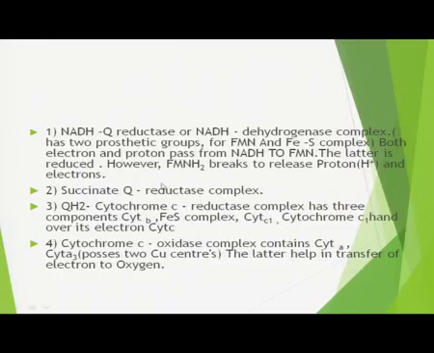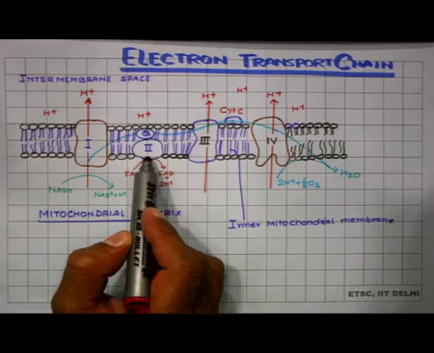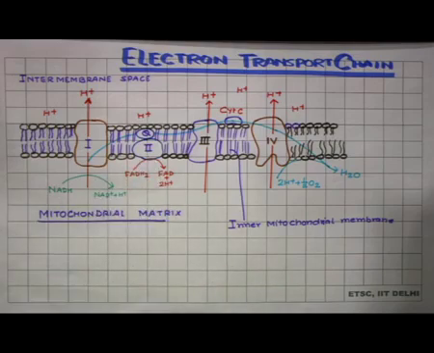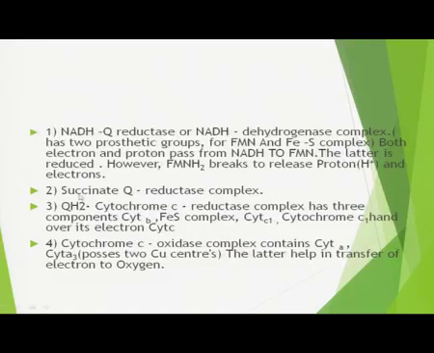The third complex is called QH2 cytochrome C reductase complex. It has 3 components: cytochrome B, FeS complex and cytochrome C. This cytochrome C complex is made by cytochrome C1 and cytochrome C, combinedly called the cytochrome C complex.